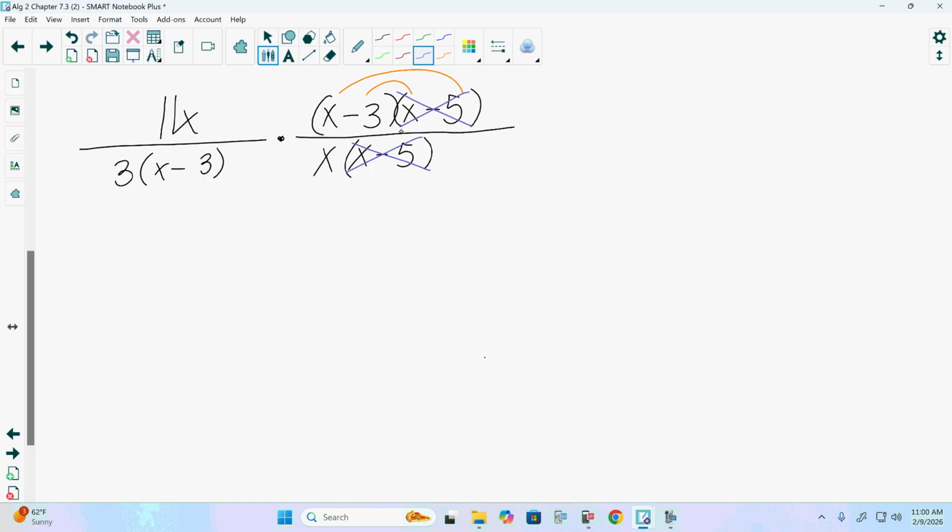It will simplify out here. Because especially if we see something in common on top and bottom already, might as well go on and simplify it out. Because if I simplify it here, we get this. If I don't, we're still going to have x minus 5 over x minus 5, which is going to simplify out anyway.